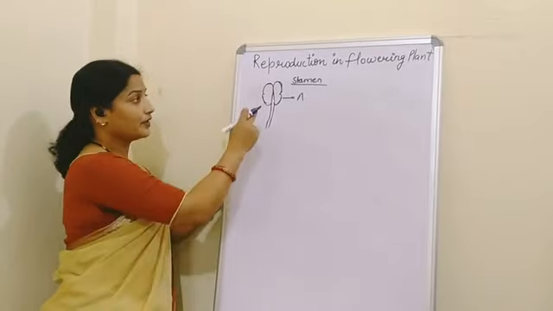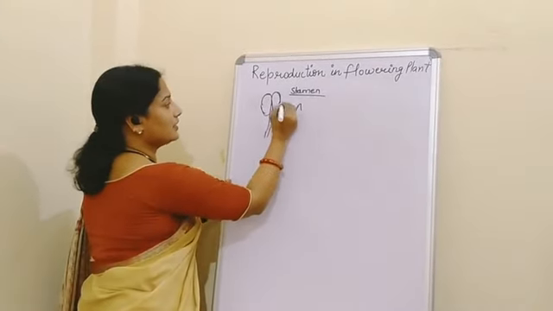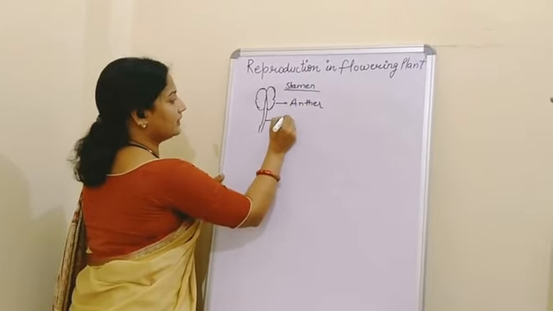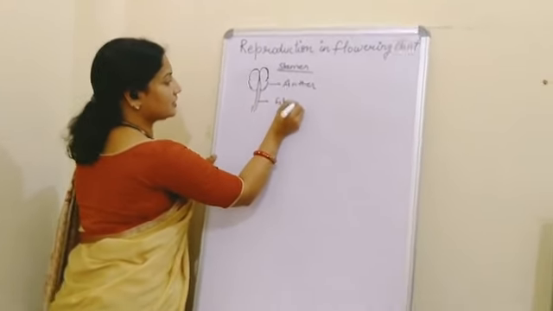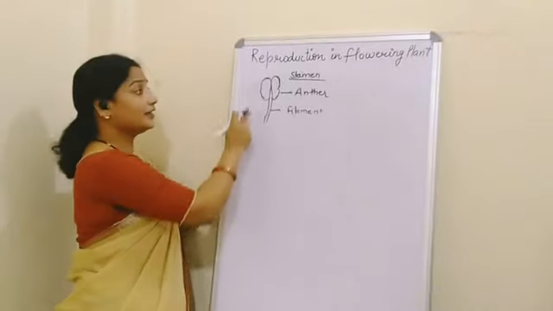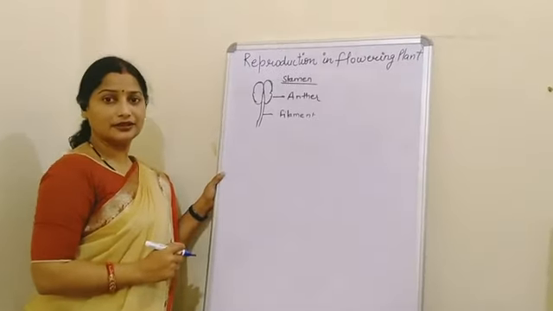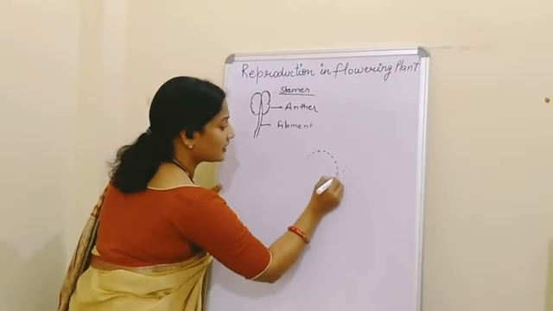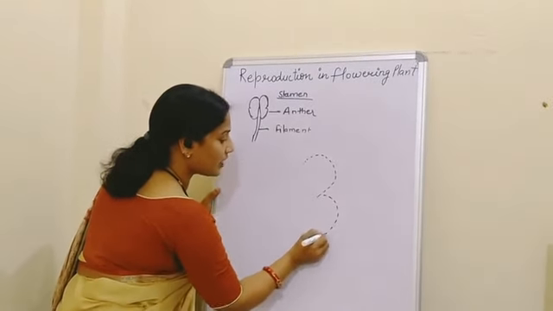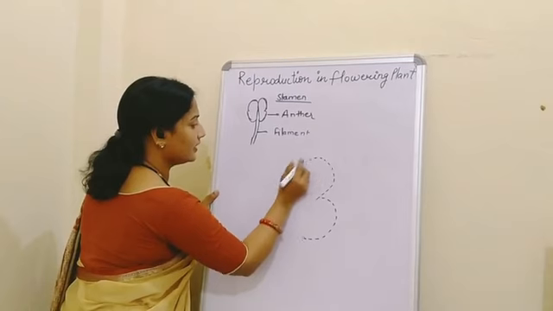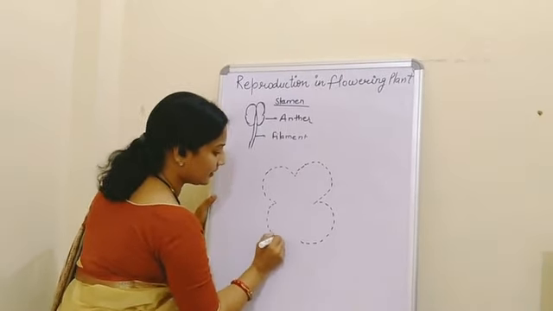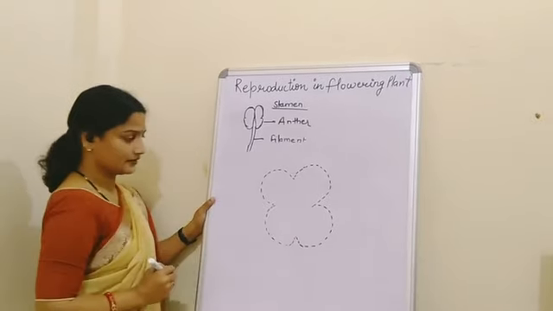Now children, this is the structure of stamen. Upper, as I told you, is the anther, and this is the filament. If we cut the TS of the anther, okay, then we will see a structure something like this. Suppose I am going to cut the TS, then the structure will be like this.